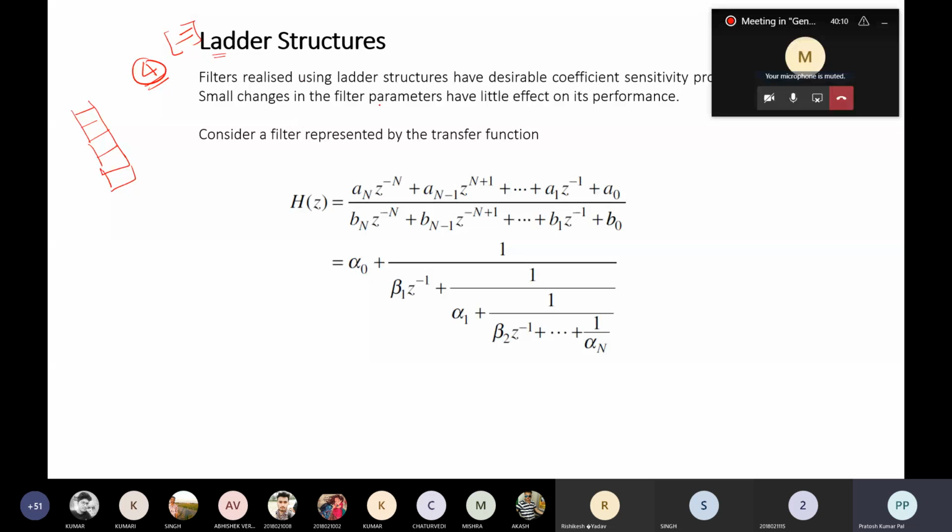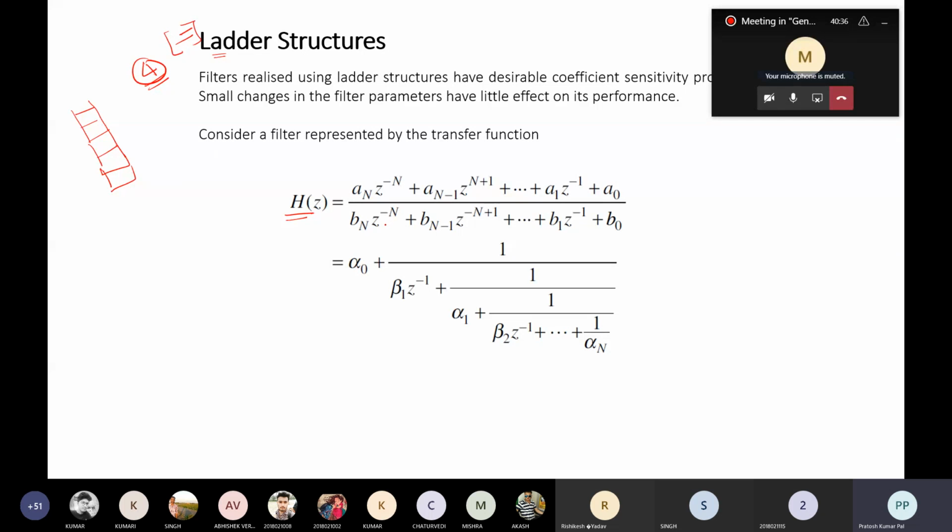So we will see what transfer function is given. Based on the transfer function, we will divide it such that it is represented in this form. Here H(z) is given in the generalized form. In that H(z), this is an order system and this is also an order system.